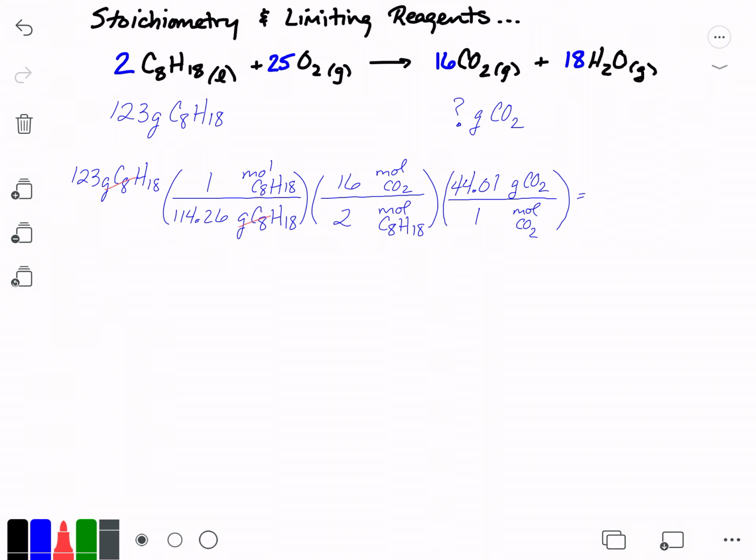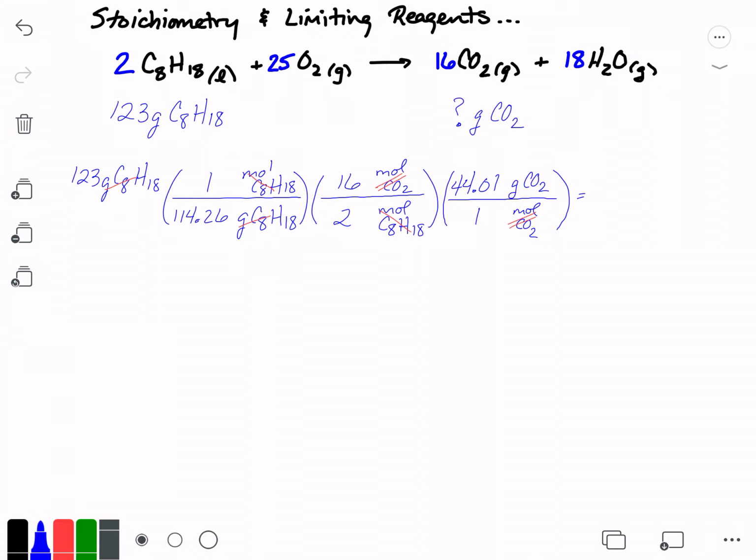And so as I do the math across, I can see that my grams of octane will cancel in step 1. And then my moles of octane cancel in step 2 as I do that divide by 2 operation, times 16 on the top of that fraction. I'm now at moles of CO2. And moles of CO2 will cancel when I finish off here and get to grams.